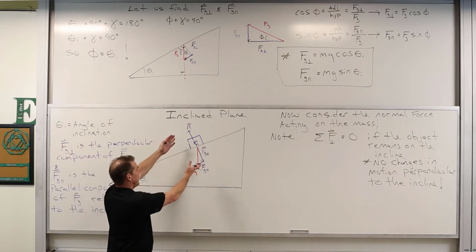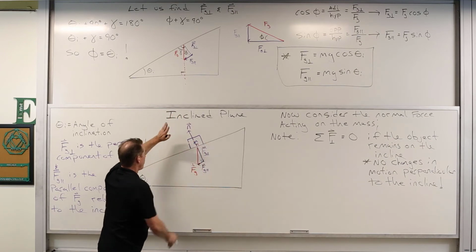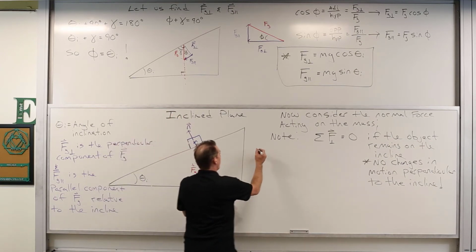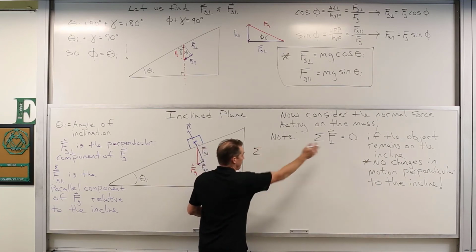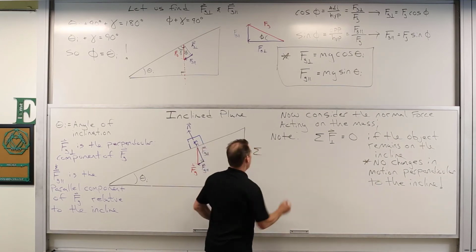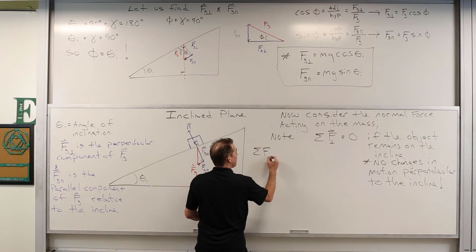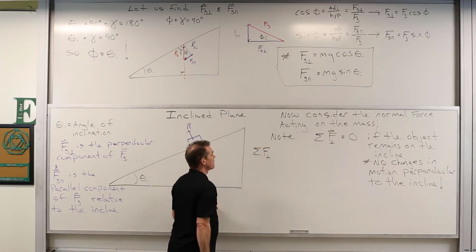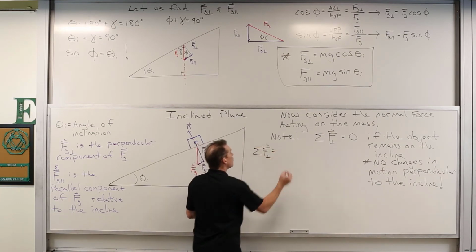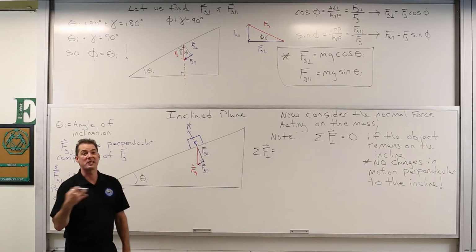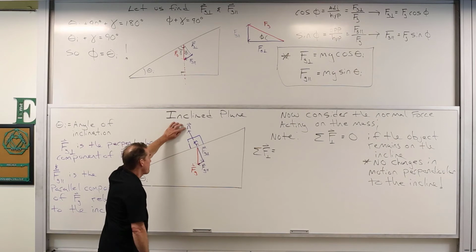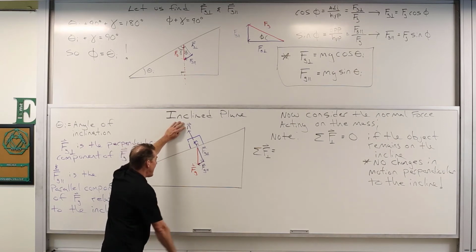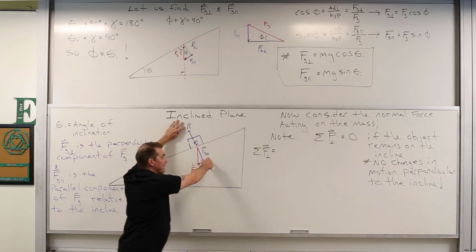Well, for this particular case, where we've just got the gravitational force and the normal force acting, we have that the net force perpendicular to the incline is equal to 0. Net force produces nothing, no acceleration, and the net force, once again, perpendicular to the incline is equal to the vector sum of all forces acting perpendicular to the incline. Well, the forces that are acting perpendicular to the incline are n hat and Fg perpendicular hat.